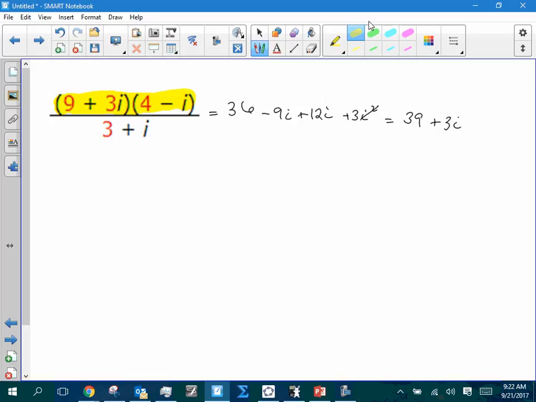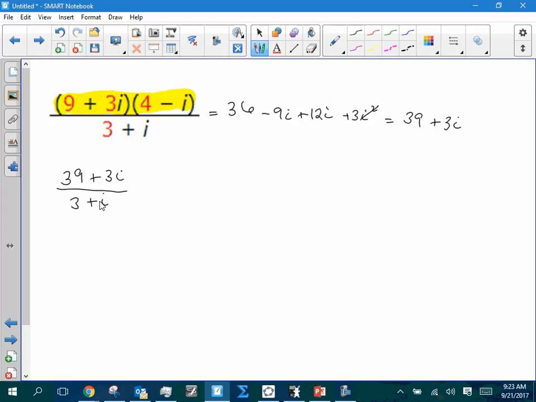So that's what that yellow stuff turns into. I'm going to rewrite the problem then, because this makes it so much easier now. I now have 39 plus 3i over 3 plus i. And that problem is a little bit more condensed than what we started with. We've gotten rid of that product.